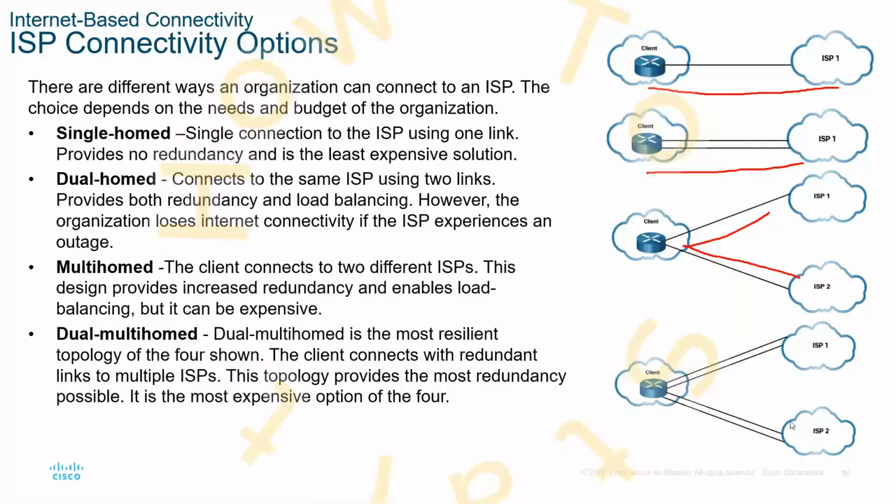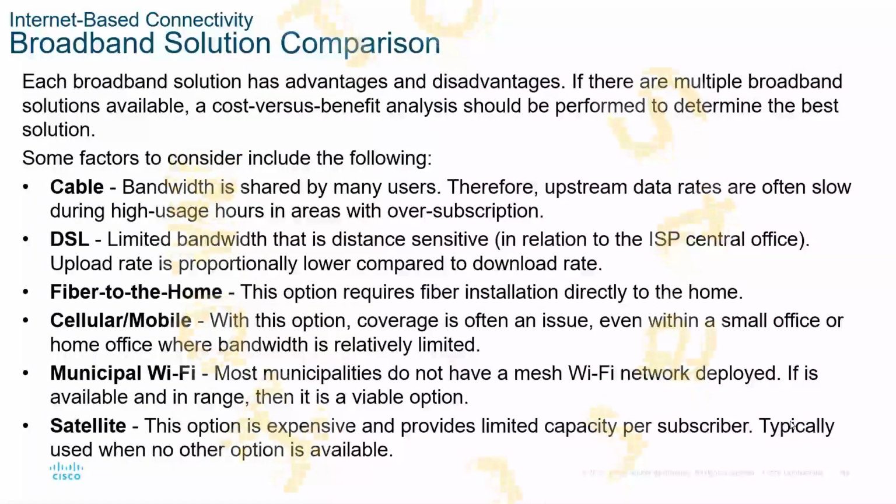So earlier I kept saying the word broadband. Broadband actually is a massive solution that looks at both cable and DSL. So when we're talking broadband, we need to be able to compare some of our options. So some of our options when looking at our broadband technology are things like cable is going to be using coax and it's a shared medium.